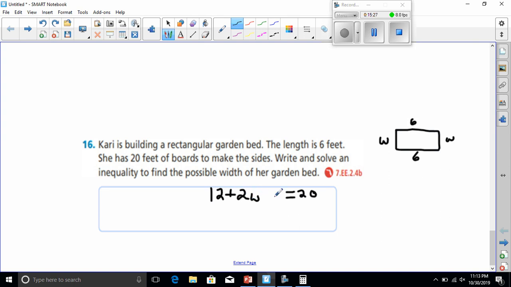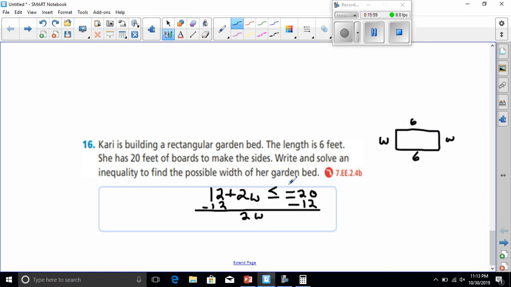Equals 20. We're going to subtract 12. And whatever I subtract from one side, I subtract from the other. And now we've got 2W is going to be equal. No, remember this says she has 20 feet of boards to make the sides. So that means at most it could equal 20. So it could be less.